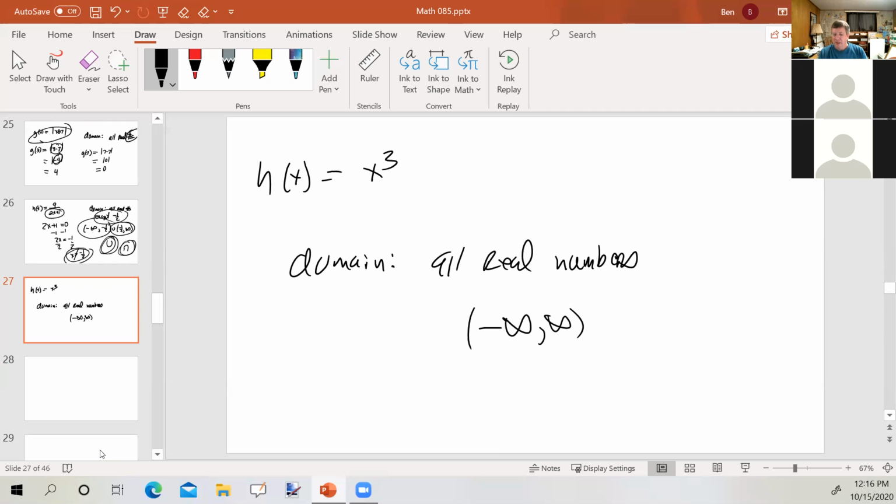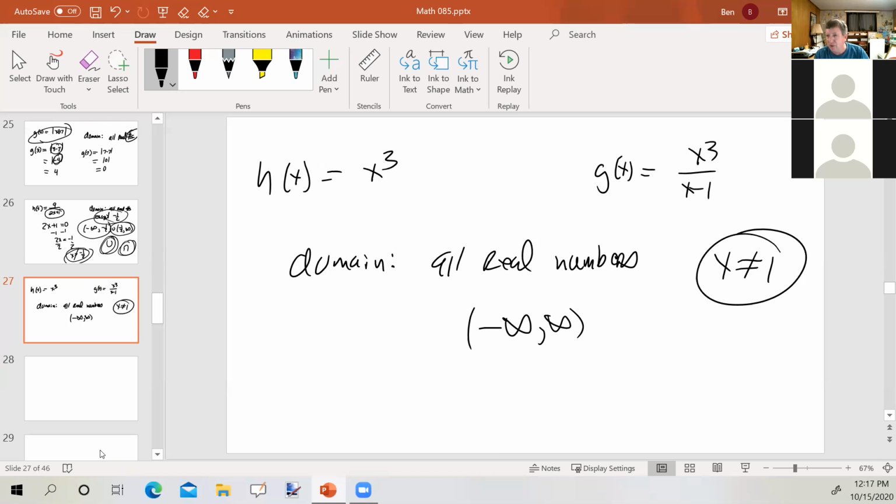Now let's say I had g of x equals x cubed over x minus 1. Well, now x couldn't equal 1, because if it did, you'd be dividing by 0. But here, the implied denominator is just a positive 1. There's no way you can replace the number 1 with a 0.